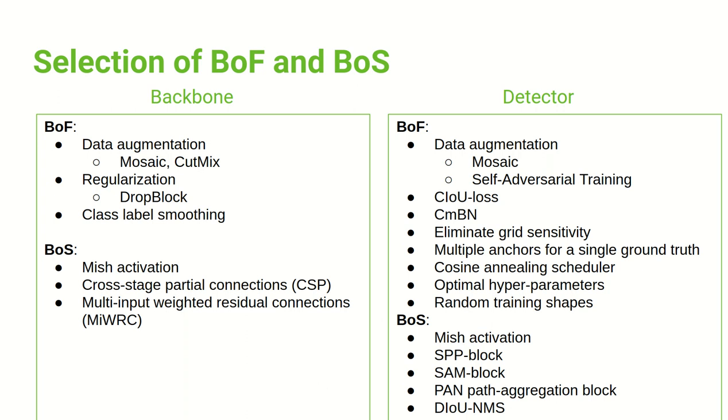Now we're going to cover the selection of bag of freebies and bag of specials. If you see this list here, there are the backbones and detector. Today in this presentation we're going to cover the highlighted green ones, because I cannot cover everything. There are so many different techniques applied in the YOLOv4 paper that it would probably take 2-3 hours to cover all of them. But we're going to cover some of them.